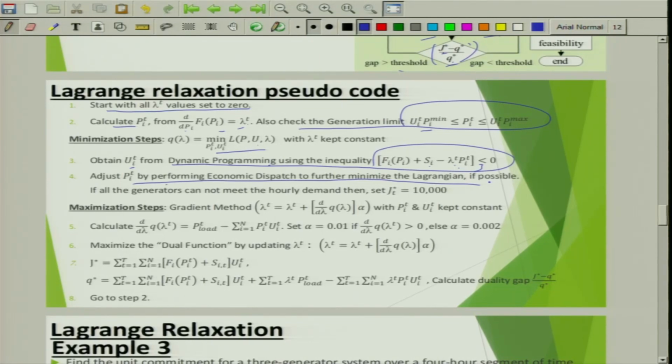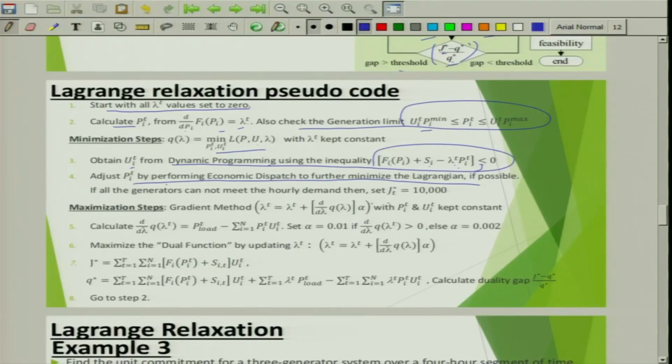Now we are moving towards the optimal lambda. Now you find out the economic dispatch among this generation combination, and if they meet the hourly demand, then you do the economic dispatch.